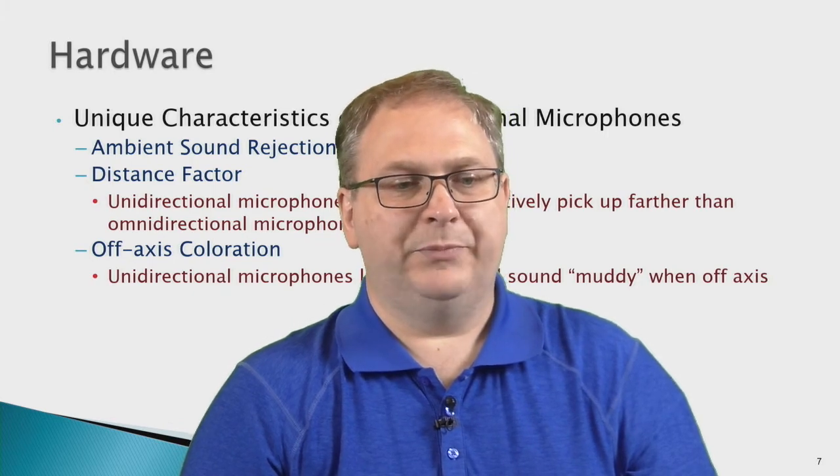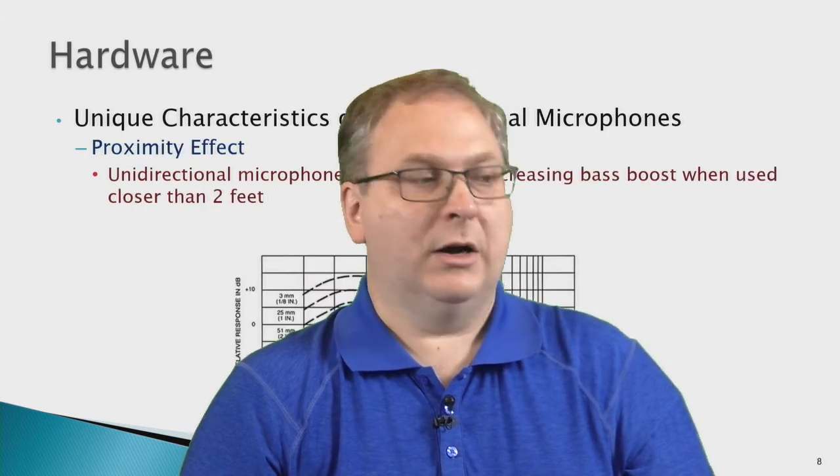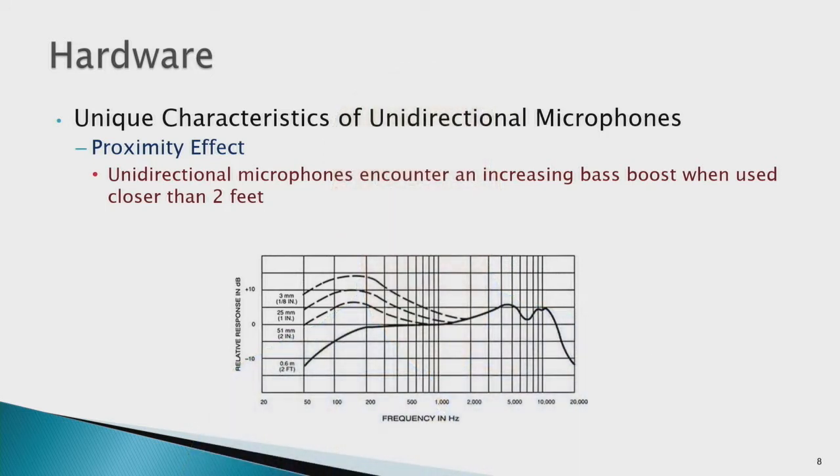And so another side of the hardware, again, unique to unidirectional microphones, is proximity effect. And this is when you have a microphone that's being used closer than 2 feet. On the frequency chart, we see that in frequencies between 50 and 1,000, there is a solid line, which is lower, and then some dashed lines, indicated at 2 inches, 1 inch, and 1/8 inch, that are higher.